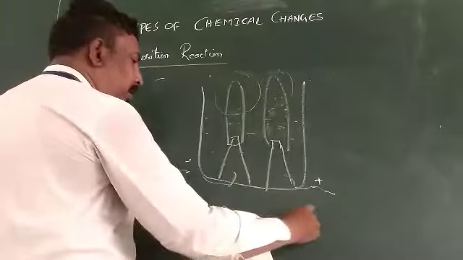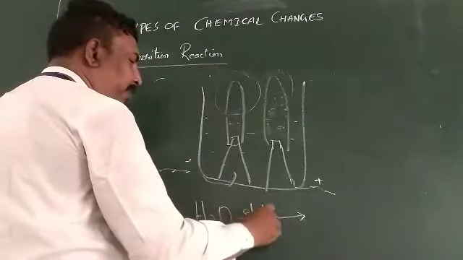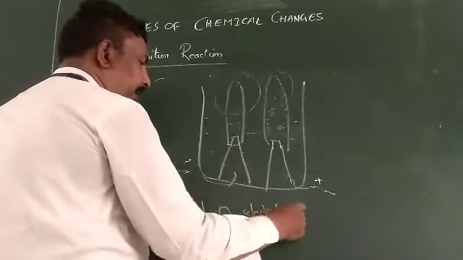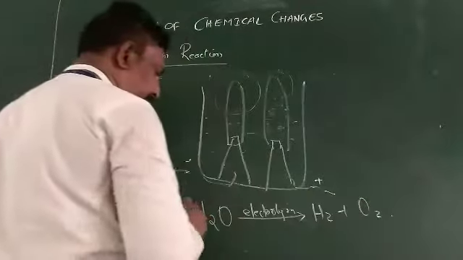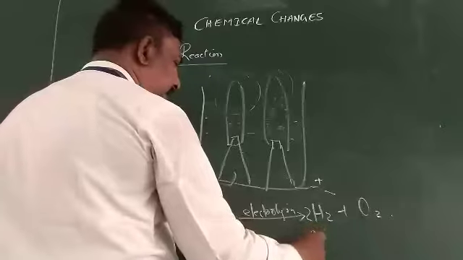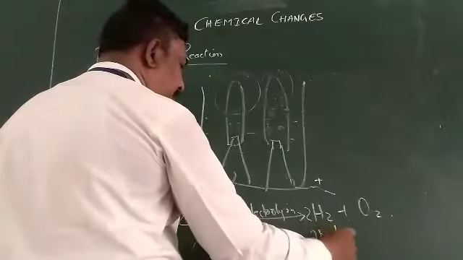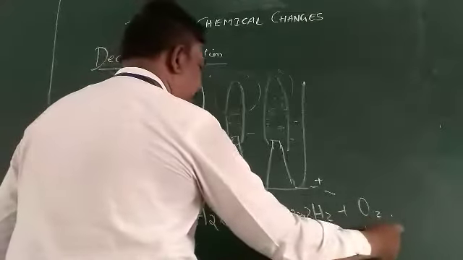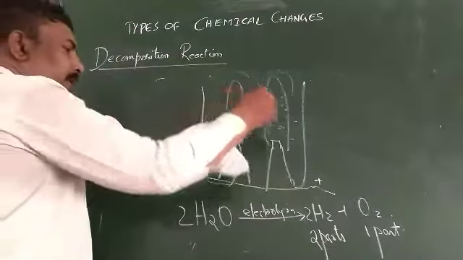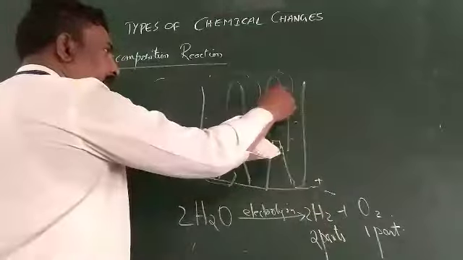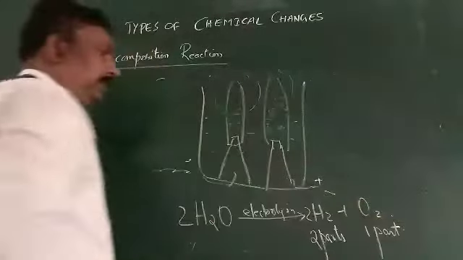Water, on electrolysis with the help of electrical energy, decomposes into hydrogen gas and oxygen gas. You can see that hydrogen gas is 2 parts and oxygen gas is 1 part. That's why we have 2 parts of hydrogen and 1 part of oxygen.